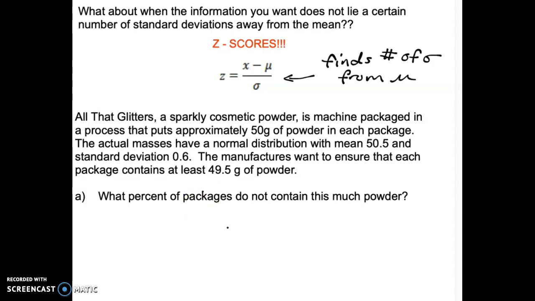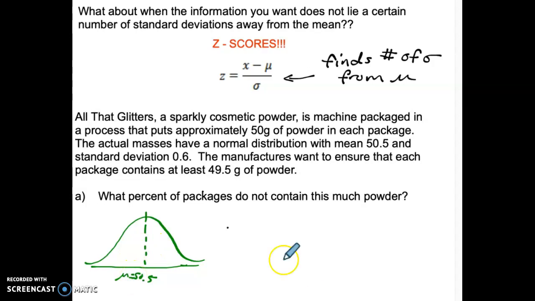So the first thing here is it is normally distributed. So that means that we are going to have that bell-shaped curve. It has a mean value of 50.5. So that is our mu.